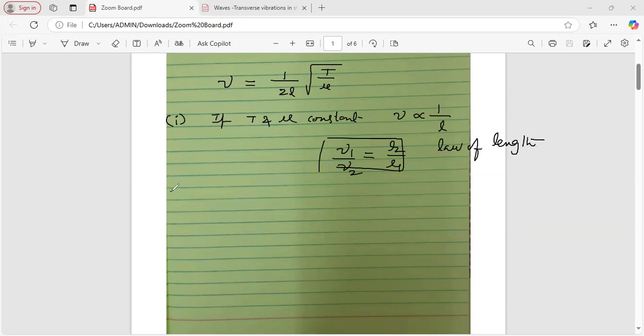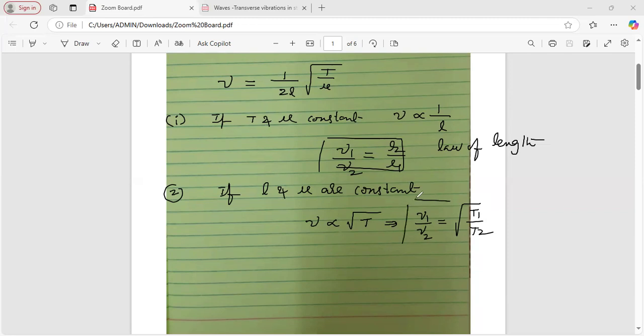Number 2. If the length of the string and linear mass density are constant, then the fundamental frequency depends on tension only, related as nu directly proportional to root T, which implies nu 1 by nu 2 is equal to square root of T1 by T2. This is called the law of tension.